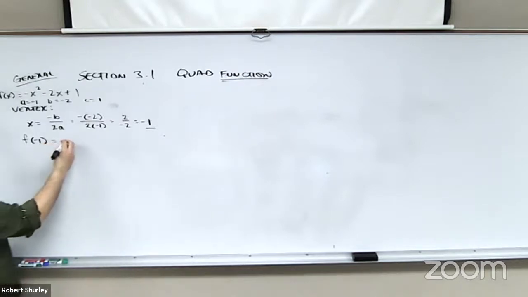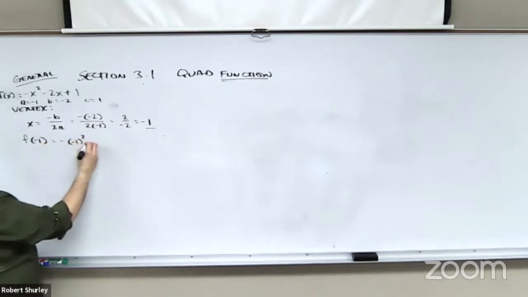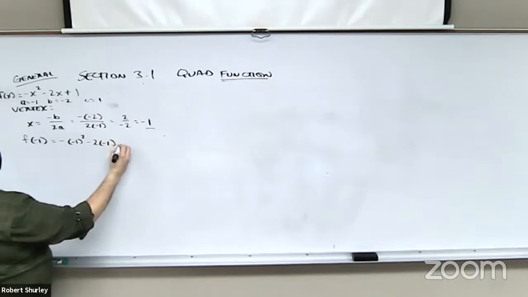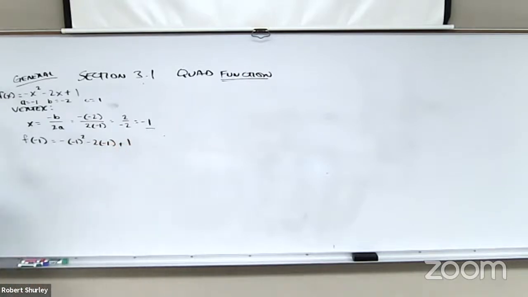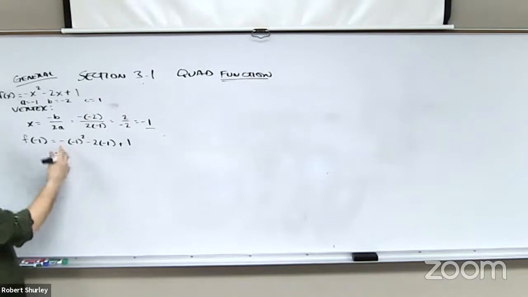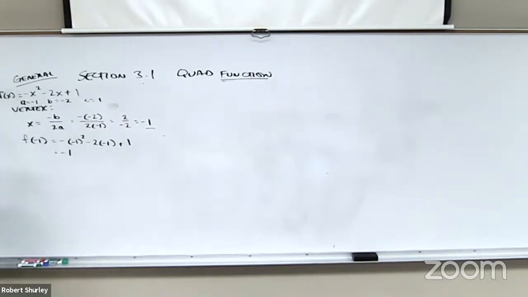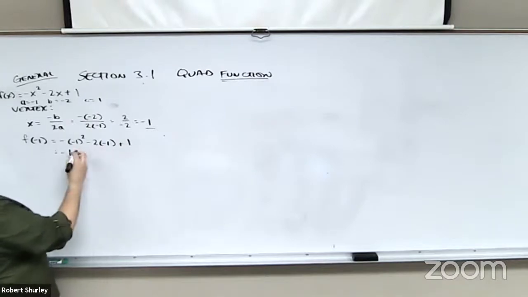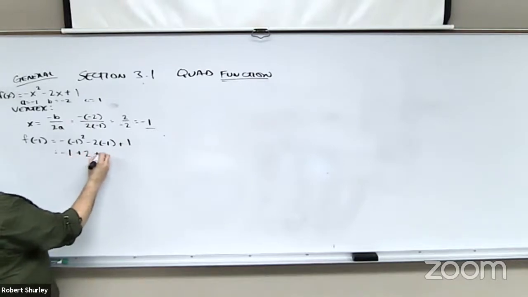So we get -1 squared, -2 times -1, plus 1. Let's see this first. -1 squared would be a +1, but then you make it negative, so that first term just turns out to be -1. -2 times -1, that's a +2, plus 1.